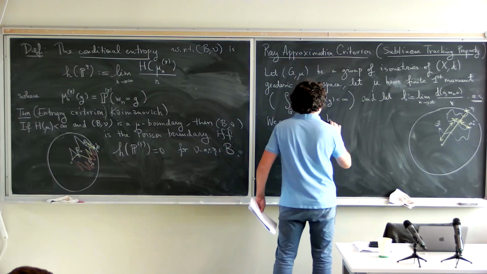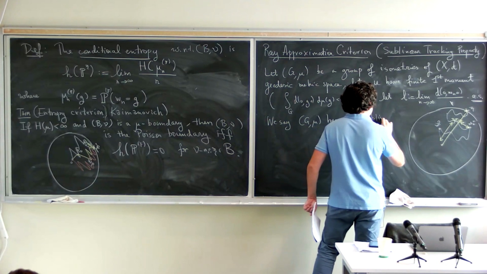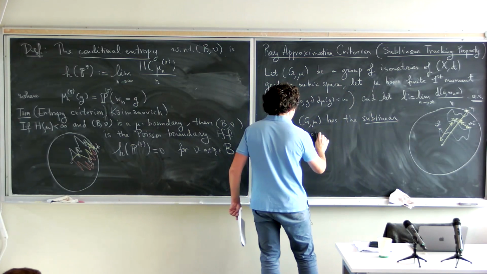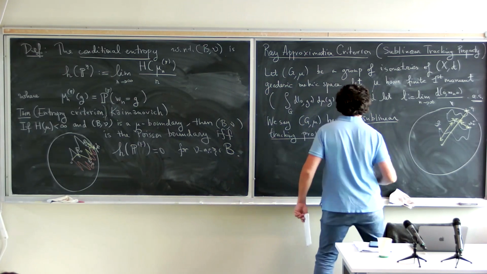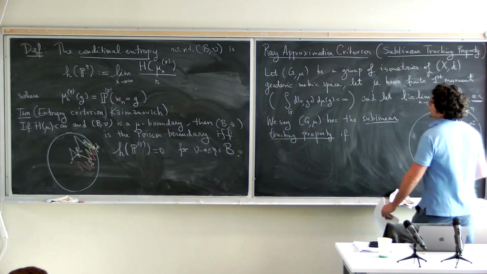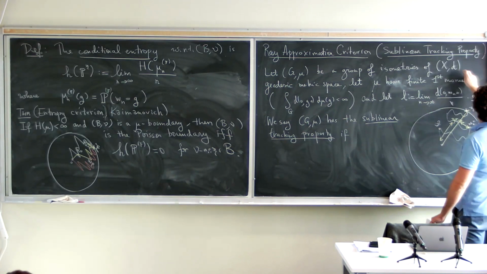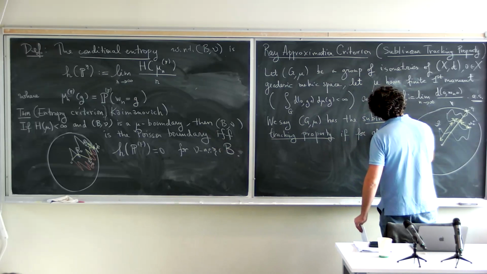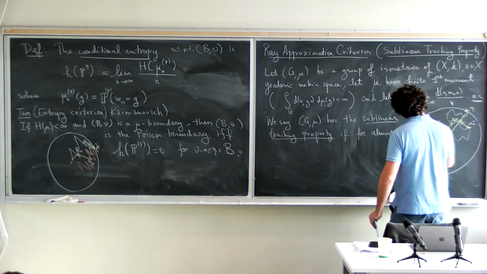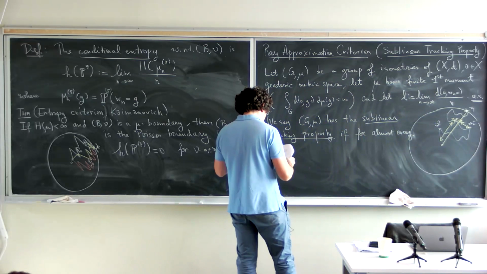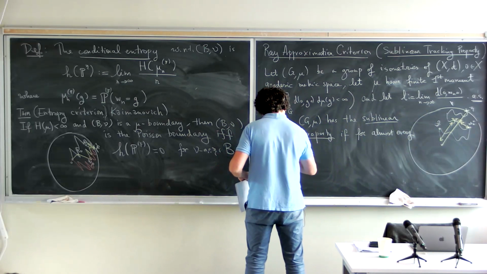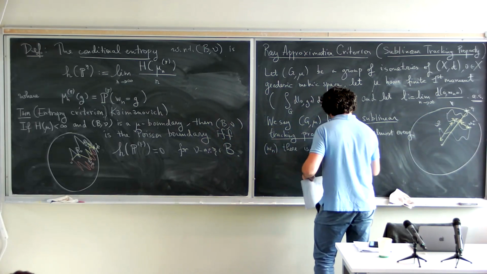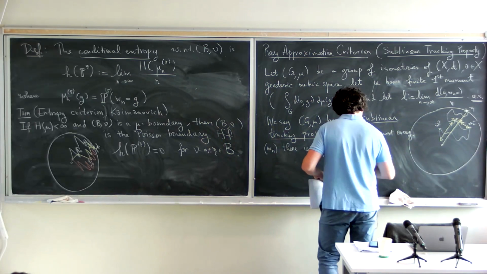G, mu has the sublinear tracking property if, for almost any O in X, for almost every sample path, there is a geodesic ray gamma.